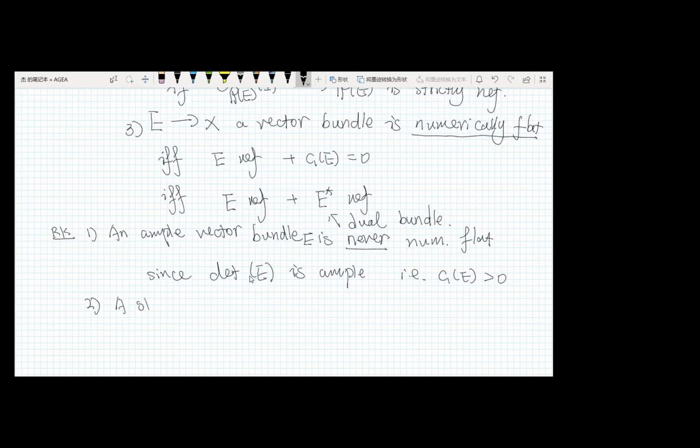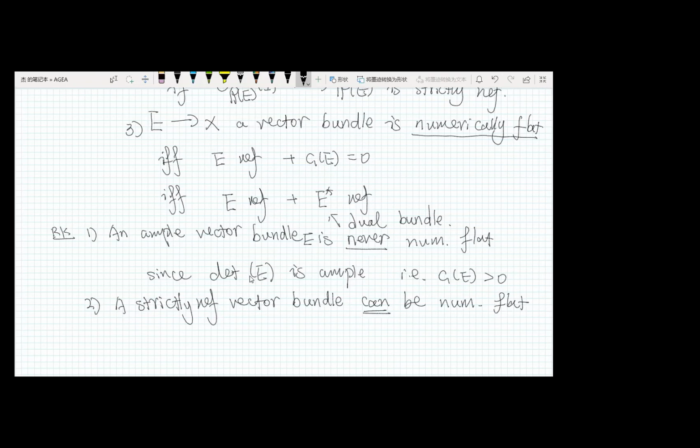A strictly nef vector bundle can be numerically flat. This is a very huge difference between a strictly nef vector bundle and an ample vector bundle.